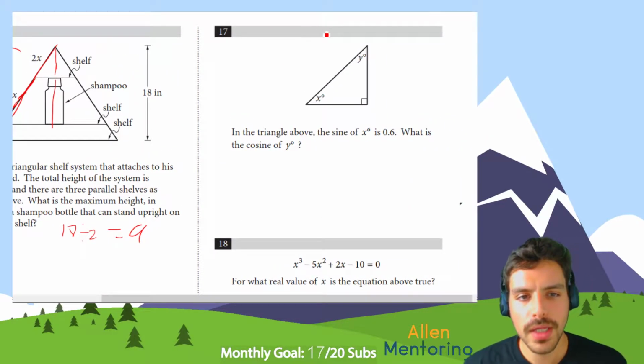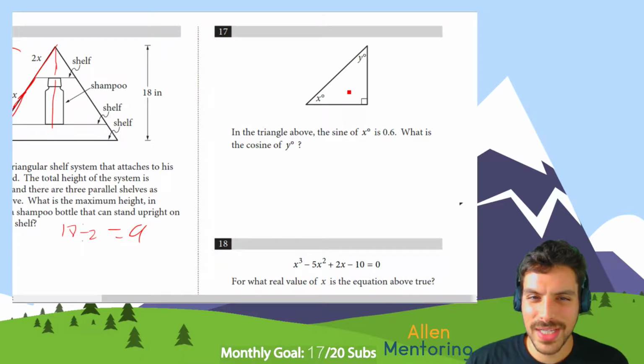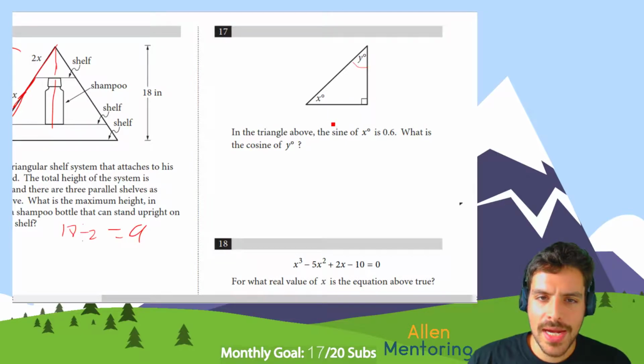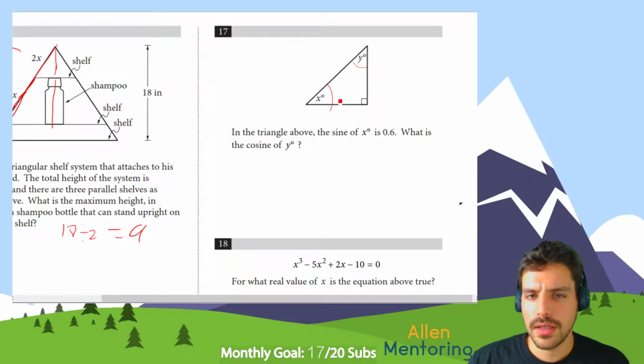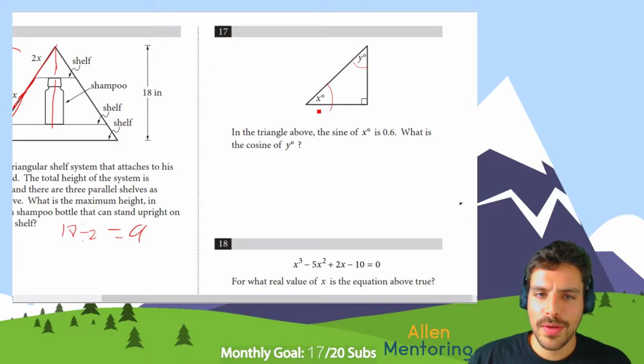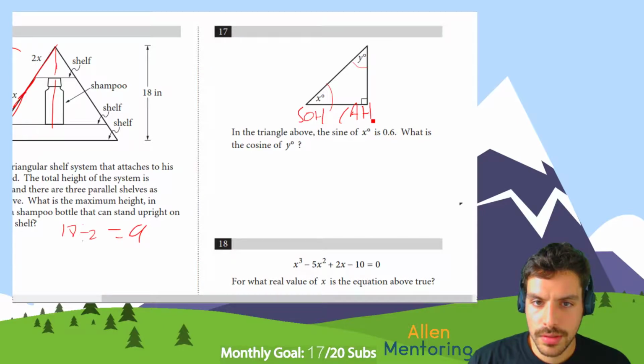Okay. Triangle above, sine of x is 0.6. What is the cosine of y? So actually the sine of x and the cosine of y are the same thing. How do I know? Well, we know SOH CAH TOA.